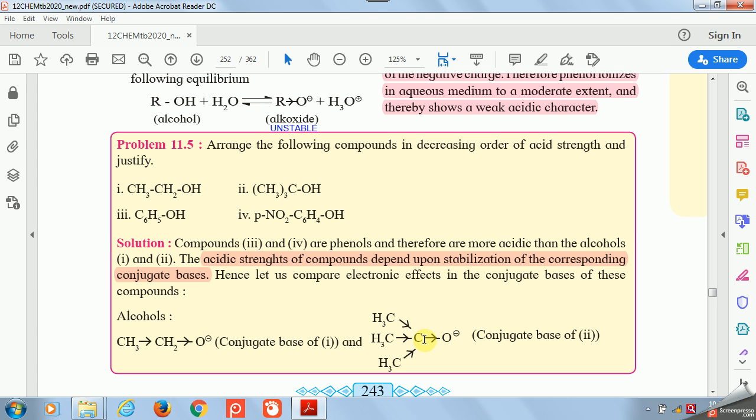If you consider the carbon attached to oxygen, here one alkyl group is present, but in the tertiary butoxide ion, 3 alkyl groups are there. So the number of alkyl groups attached to carbon goes on increasing.